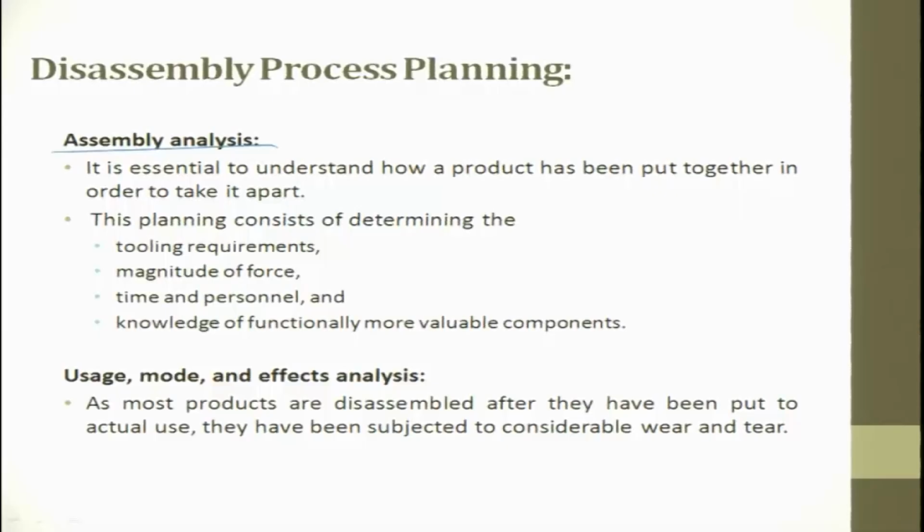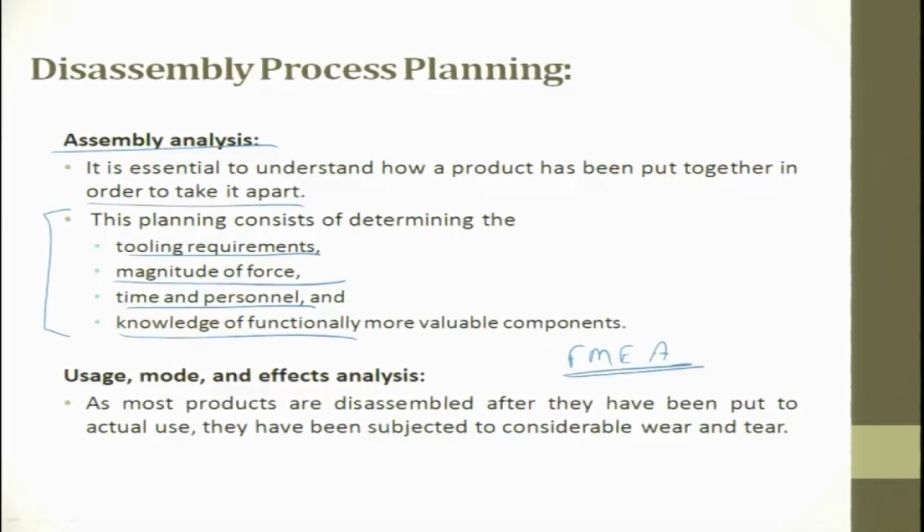Assembly analysis: it is essential to understand how a product has been put together in order to make it a more valuable part. This planning consists of tool requirement, magnitude of force, time and personnel, and knowledge of the functional components. So, these are important things which we have to plan. Then usage, mode and effect analysis. We studied FMEA, failure mode and effect analysis, last class.